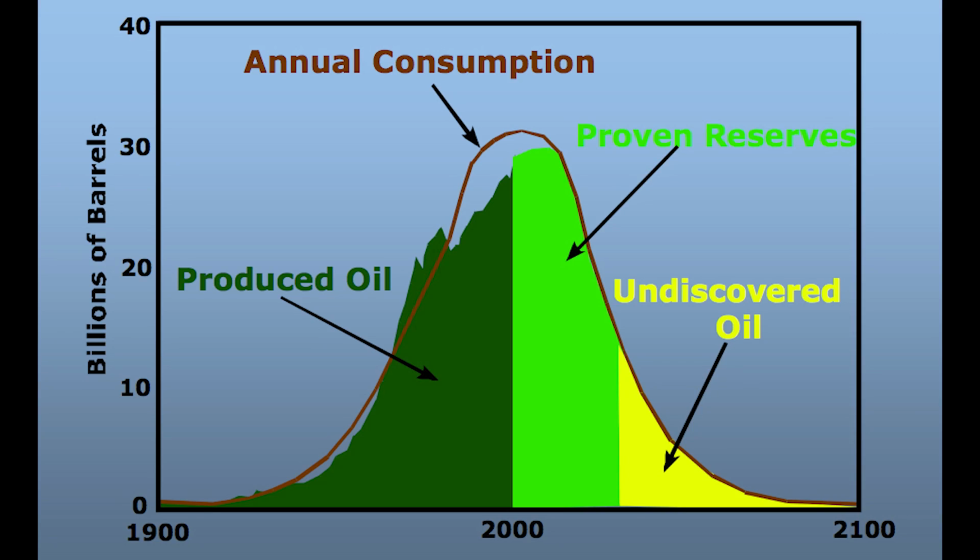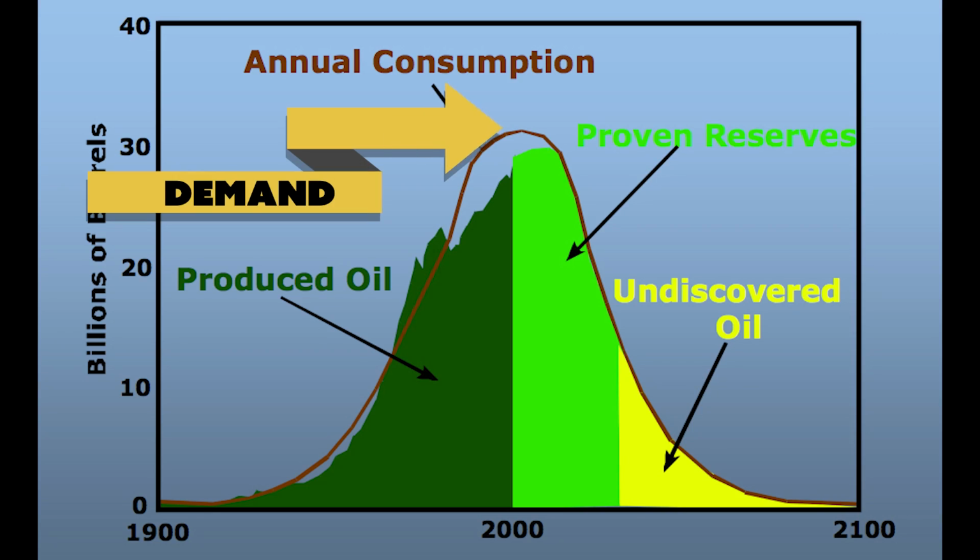So this peak oil thing really means when our demand hits a point where supply isn't keeping up with it anymore, and then the supply starts to drop and our demand keeps increasing. Of course, as supply drops, demand is going to get forced down because there just won't be oil to always keep up with the demand.